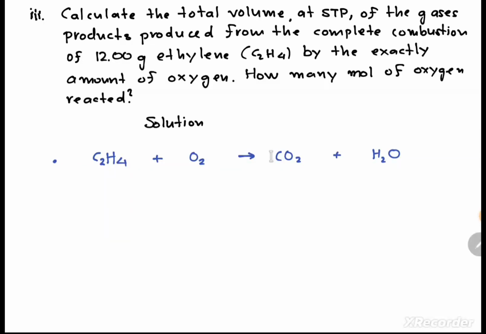First, we equalize the carbon atoms, so we put 2 as coefficient to carbon dioxide. Then equalize the hydrogen atoms, we put 2 for water, and we calculate the number of atoms of oxygen in products.